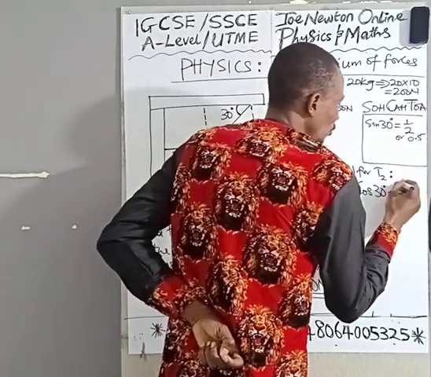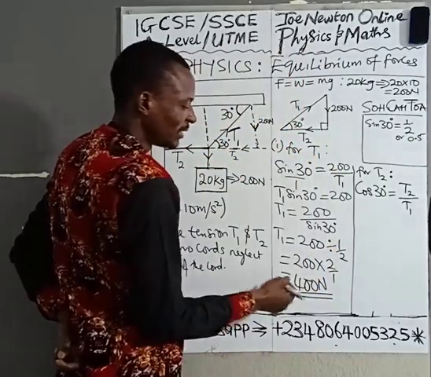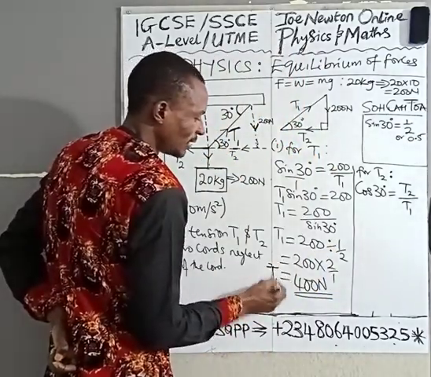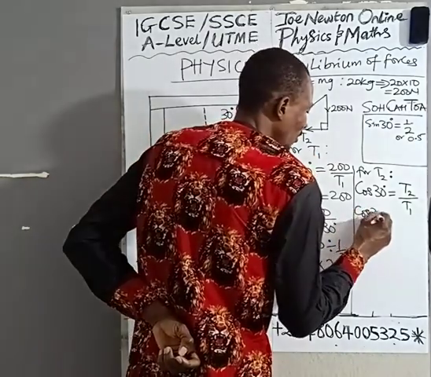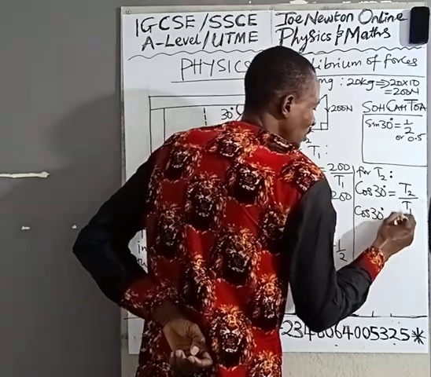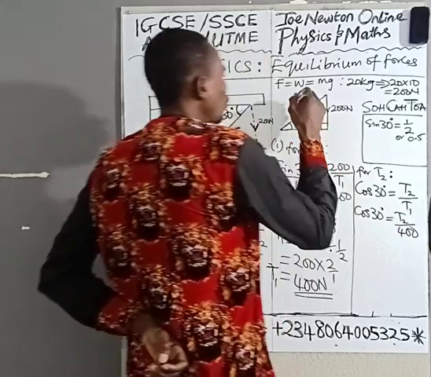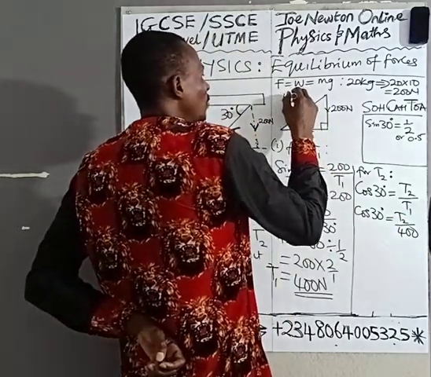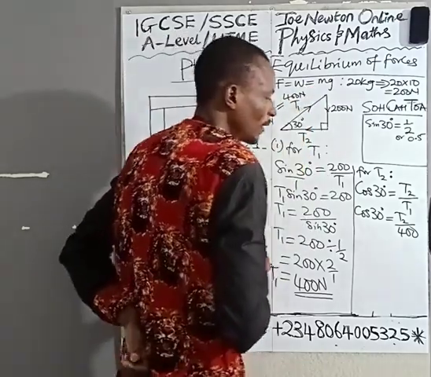So it equals T2 over T1. But remember, we have found our T1 to be 400. Therefore, cos 30 degrees is equal to T2 over 400, because we have obtained T1 to be 400 Newton.